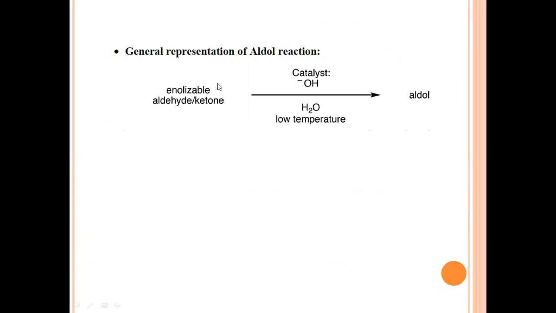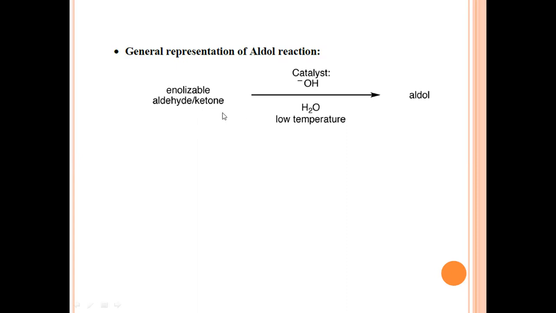Now, the specific and general representation of the aldol condensation reaction. This requires the presence of an enolizable aldehyde or ketone. Now, the meaning of the word enolizable aldehyde or ketone is that the compound will form an enol if it possesses an alpha hydrogen atom.